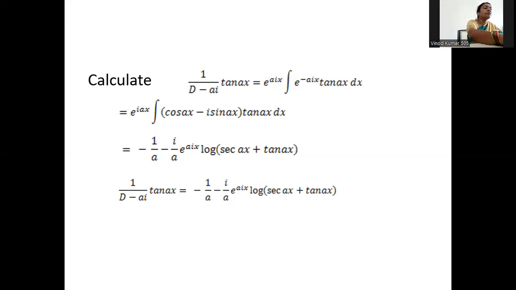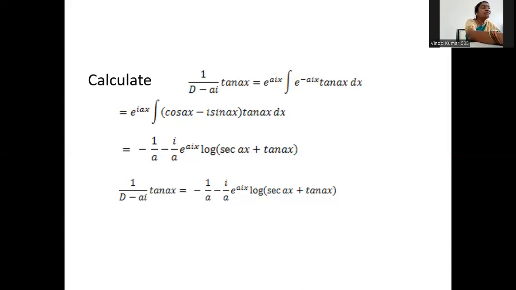Therefore, this integration is equal to e to the power of iax integration of (cos ax minus i into (secant ax minus cos ax)). Consider this in the simplified form.